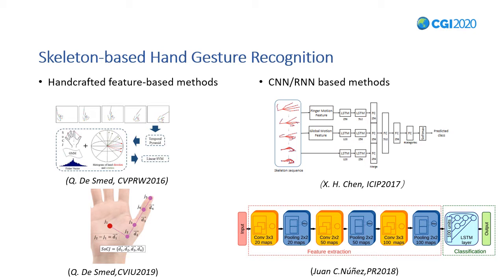However, these methods do not effectively exploit the spatial temporal context of joints, such as the connections between hand joints in one frame and the connections of one single joint across different frames.